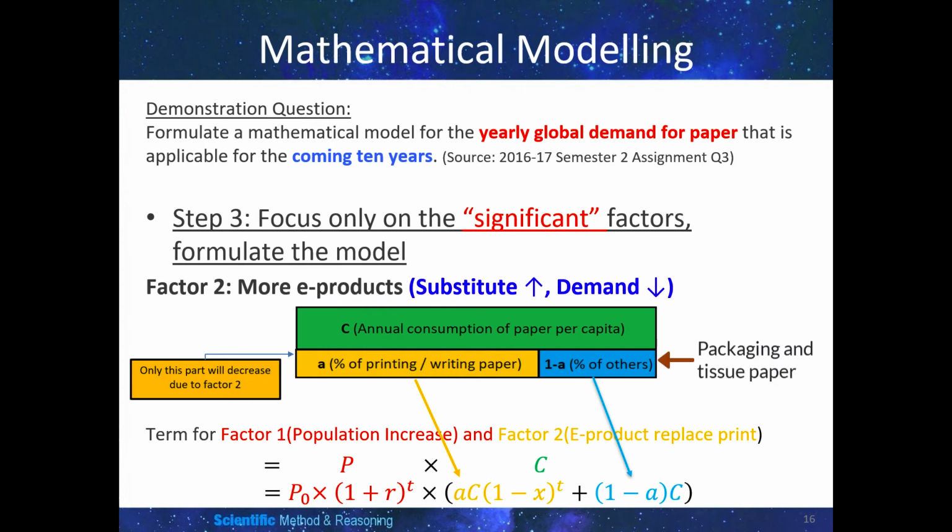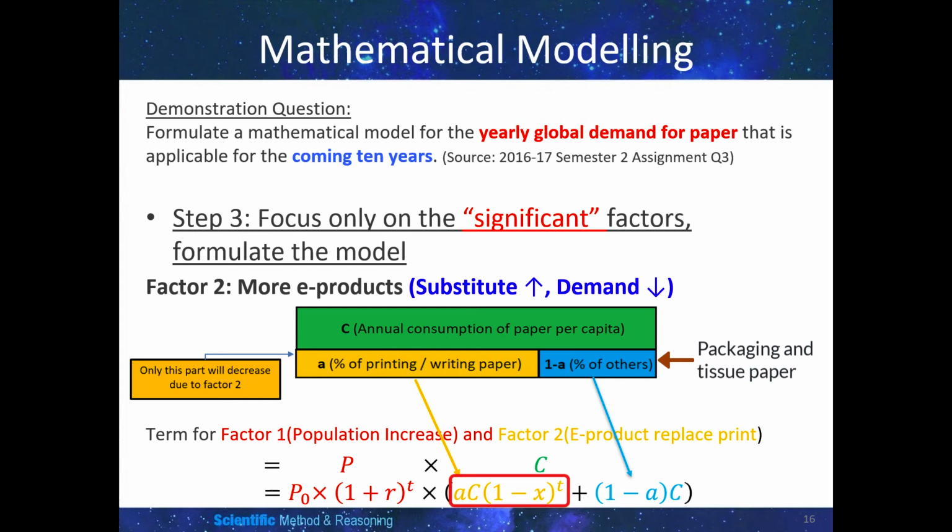Note that the factor about E product will only affect A here, because you can only substitute printing or writing paper with E product. Now we will have term for factor 1 and factor 2. Because factor 2 is in the unit of kilogram per capita, so you will need to multiply it by your population, factor 1.